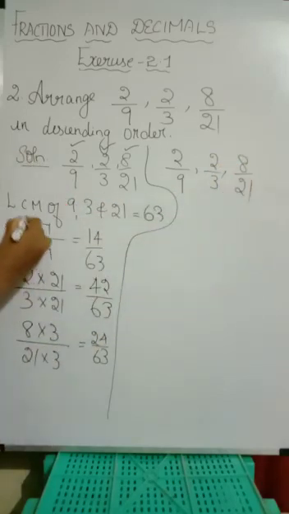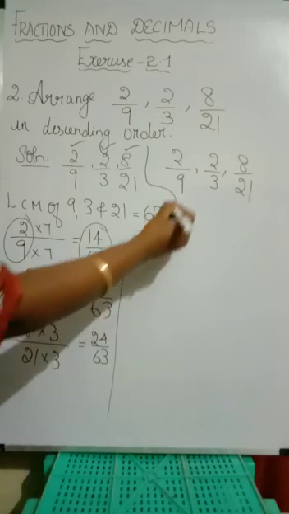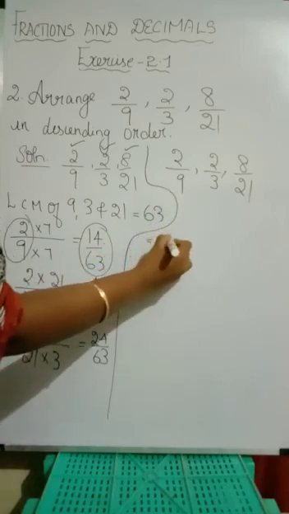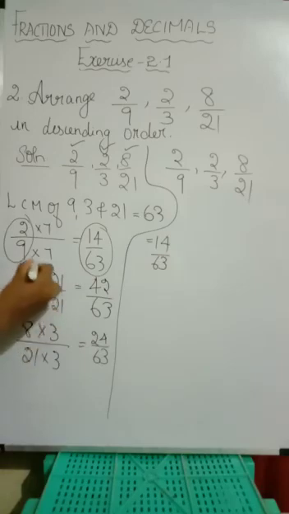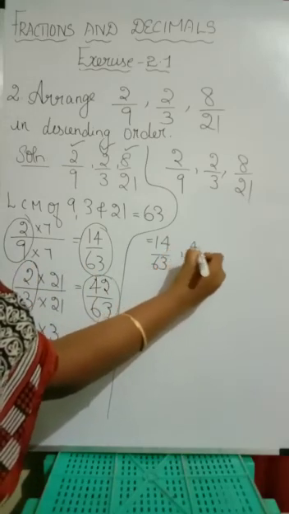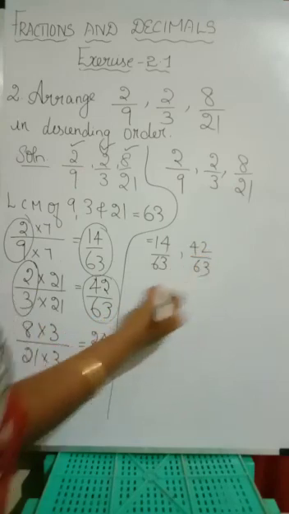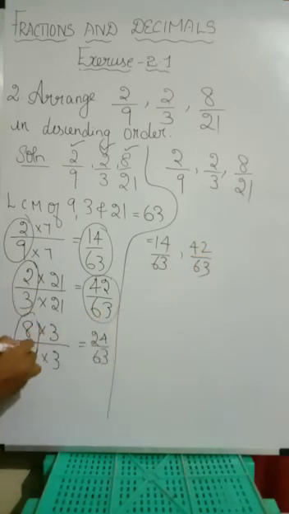For 2 by 9, what is the fraction? 14 by 63. For 2 by 3, 42 by 63. For 8 by 21, 24 by 63.